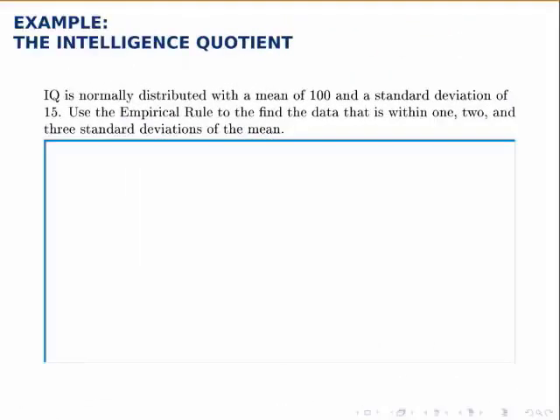IQ scores are normally distributed with a mean of 100 and a standard deviation of 15. Here we're asked to use the empirical rule to find the data that is within 1, 2, and 3 standard deviations of the mean. Remember, the empirical rule states that 68% of the data is within 1 standard deviation of the mean.